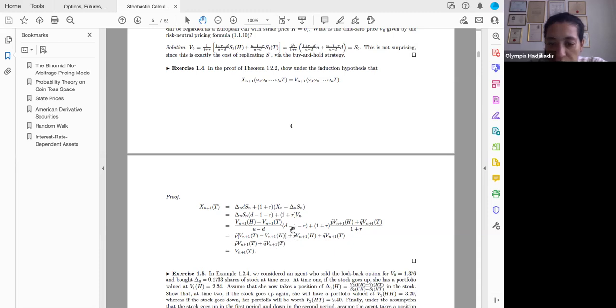This is because (d − 1 − r) over (u − d) is equal to −p̃. So then you obtain p̃ V_{n+1}(T) + q̃ V_{n+1}(T). And that's V_{n+1}(T).